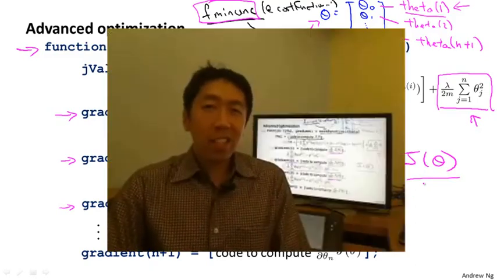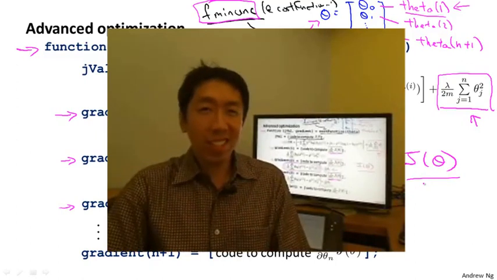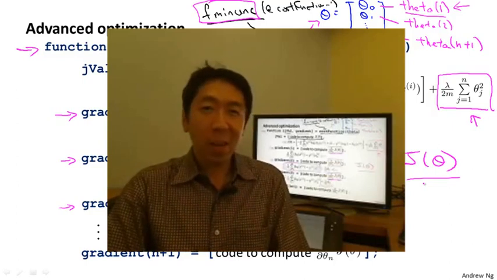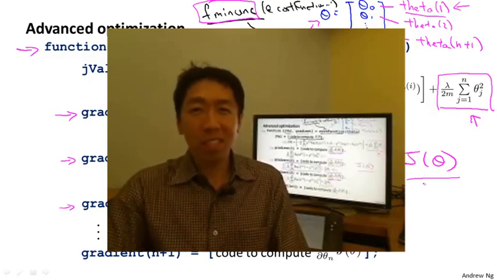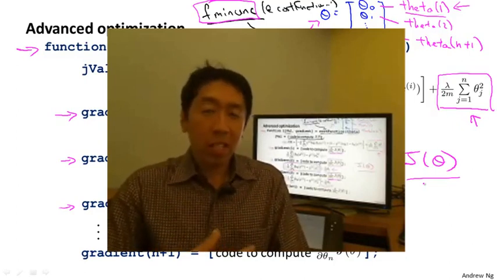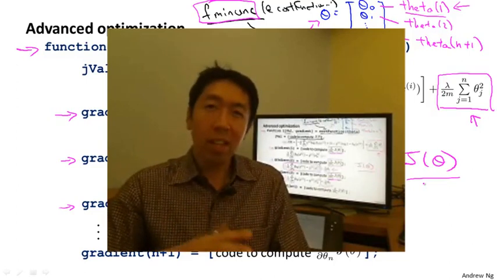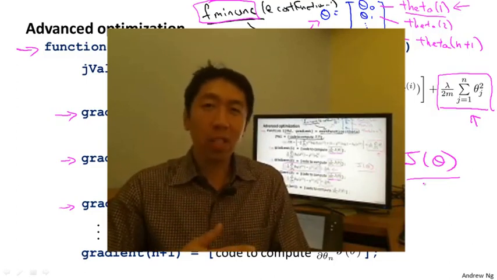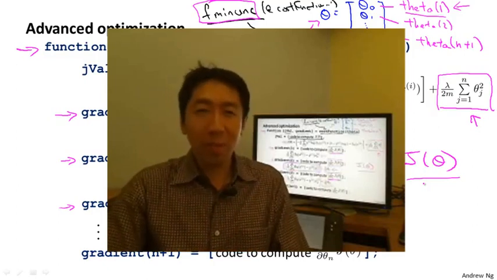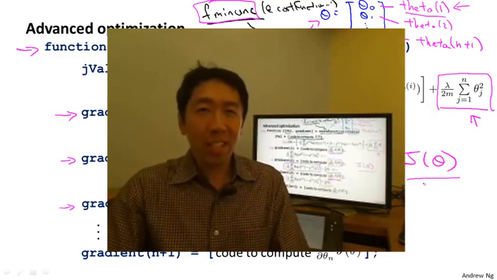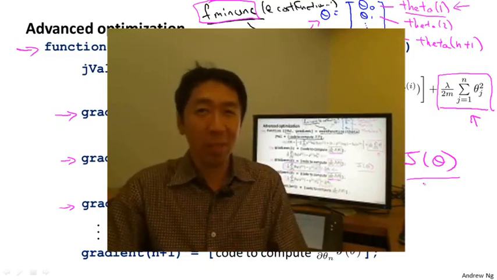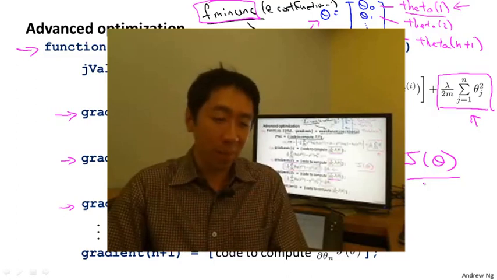When I walk around Silicon Valley, where I live, there are a lot of engineers that are frankly making a ton of money for their companies using machine learning algorithms. And I know we've only been studying this stuff for a little while, but if you understand linear regression, logistic regression, the advanced optimization algorithms, and regularization, by now you probably know quite a lot more machine learning than many, certainly not all, of the Silicon Valley engineers that are out there having very successful careers, making tons of money for their companies or building great products using machine learning algorithms.